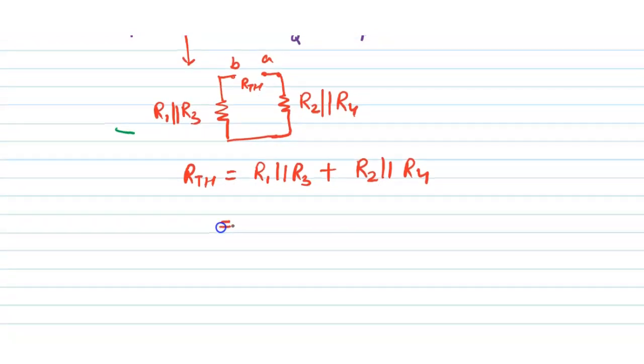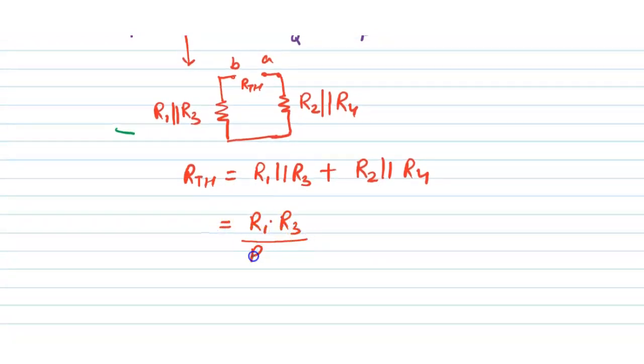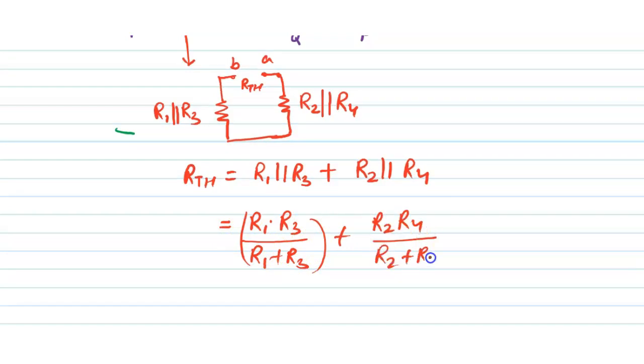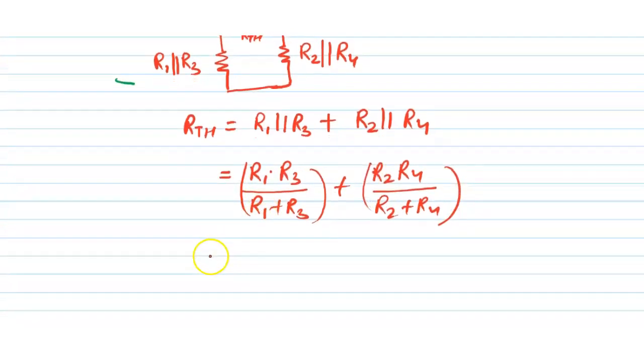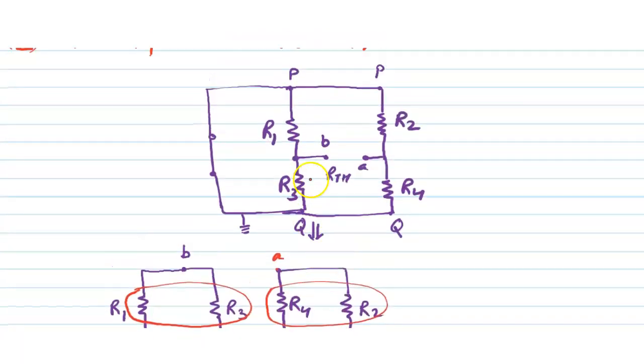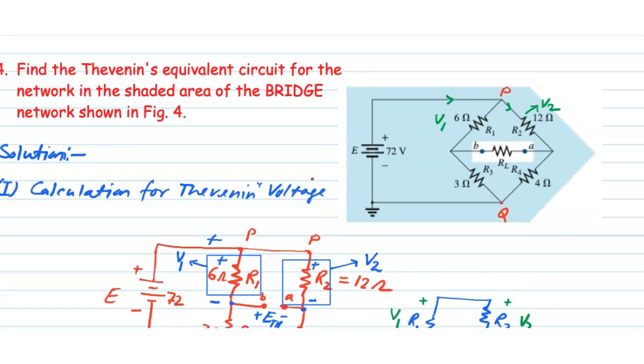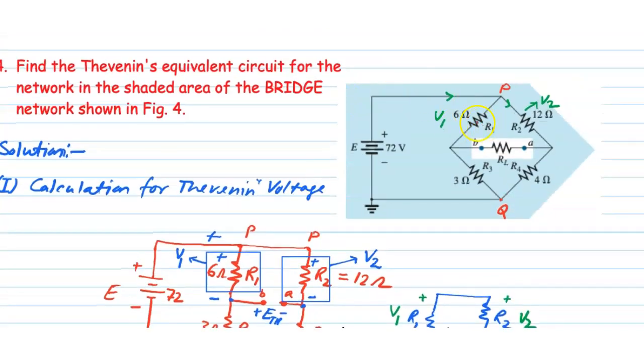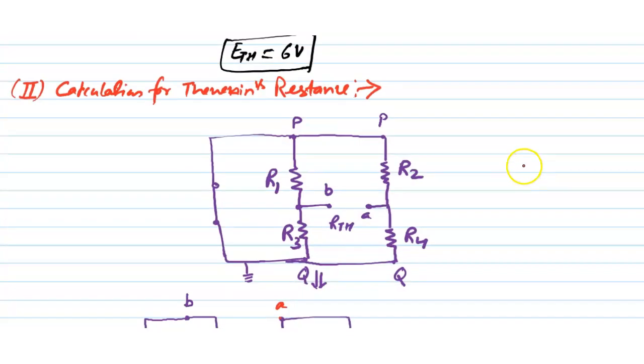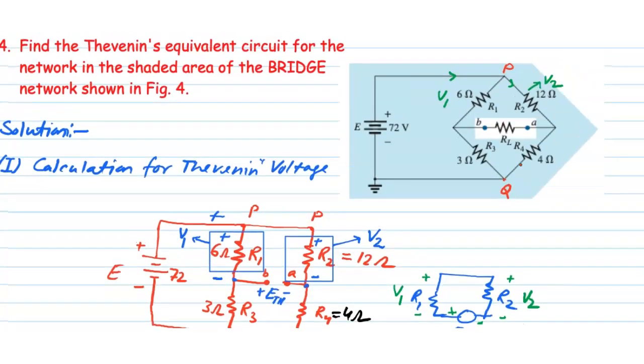That means it will be R1 R3 divided by R1 plus R3, plus R2 R4 divided by R2 plus R4. Now substitute the values: R1 is 6, R2 is 12, R3 is 3, and R4 is 4.